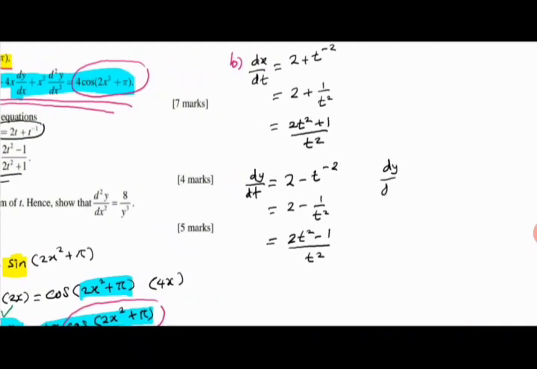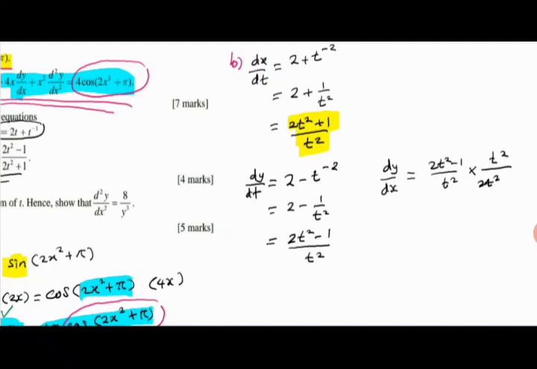And then to find dy dx, okay, dy dx equals to dy dt multiplied with dt dx. So this is our dx dt, so we have to reciprocate dx dt to obtain dt dx.